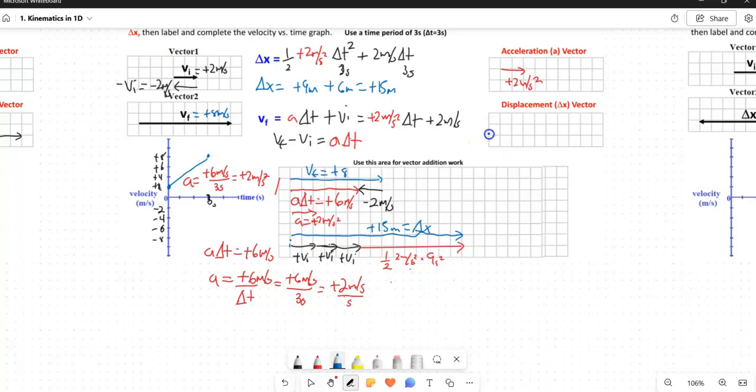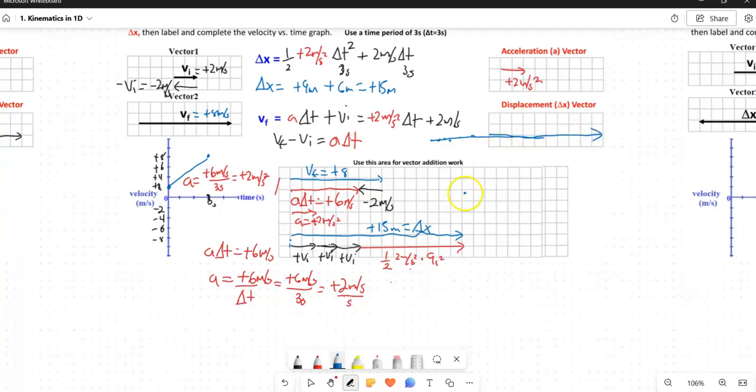If you don't have enough room on this, just count 1, 2, 3, 4, 5, 6, 7, 8, 9, 10, 11, 12, 13, 14, 15. So try to estimate it as best you can.